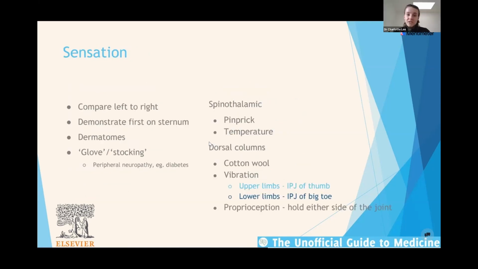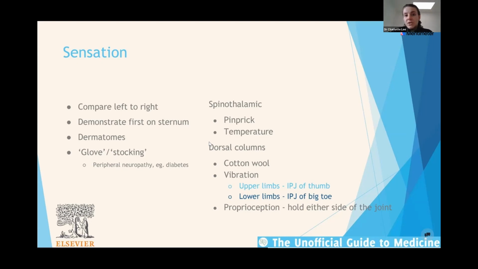And then finally, sensation. So you've got different methods of sensation. I think by the time you get to this in your neurological assessment, you might be running out of time. There's quite a lot to cover, so you may not have to do all of them, although this might be the key point of the assessment. So you might be moved along. Your assessor might say, assume you've done reflexes, assume you've done power.